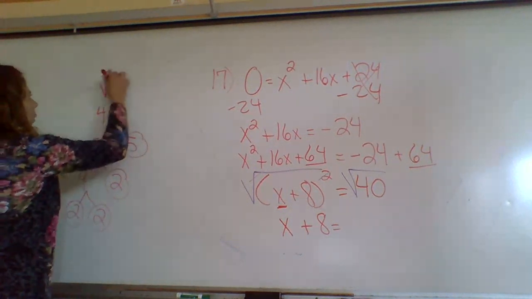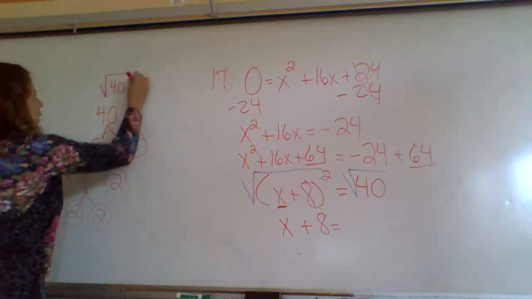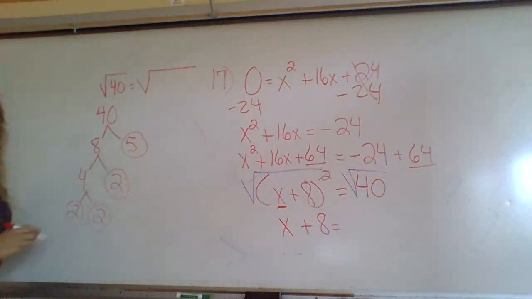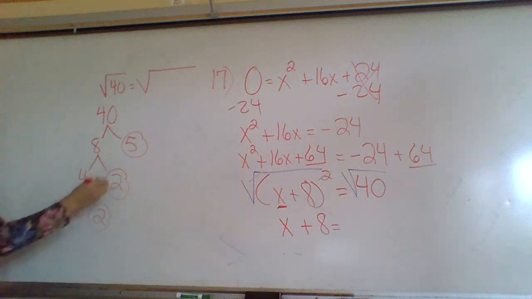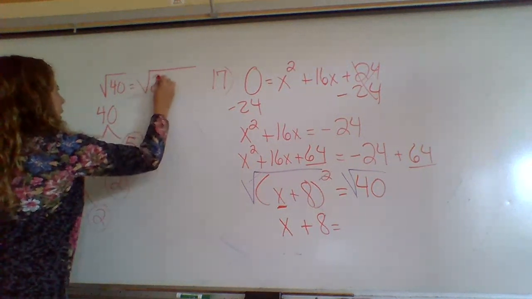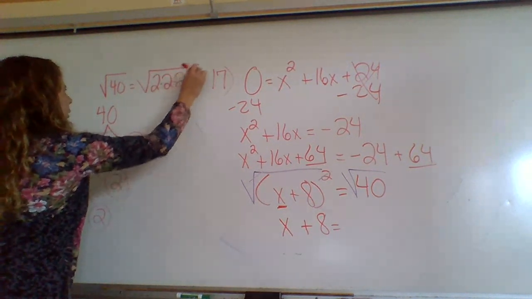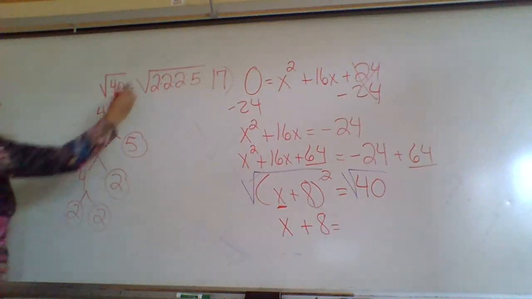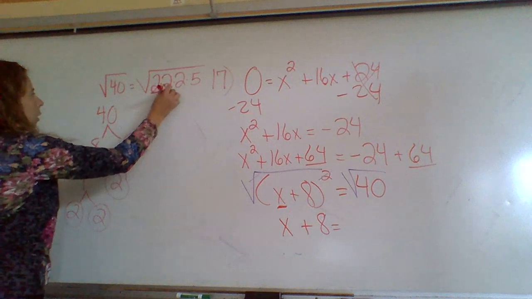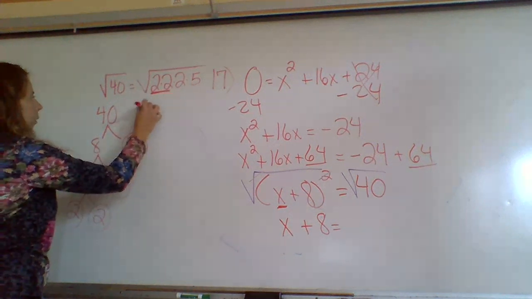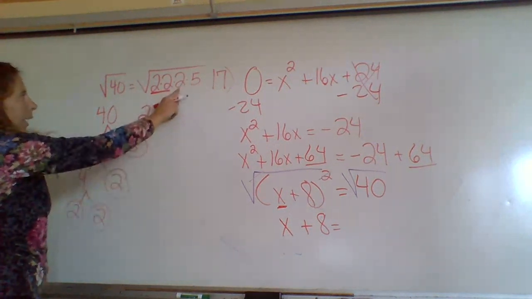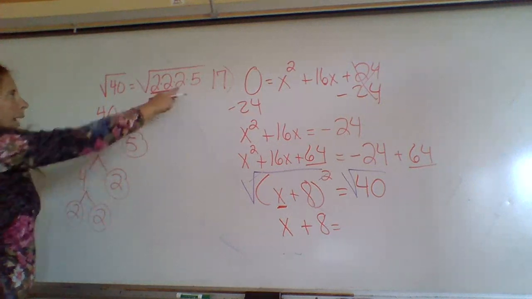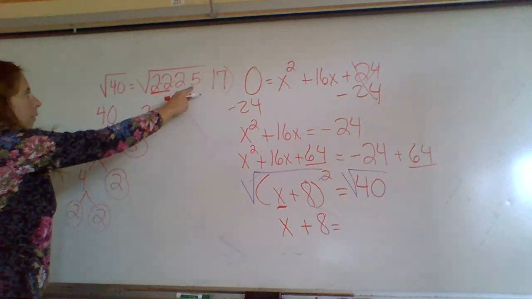So the square root of 40 is the square root of all of its prime factors: 2, 2, 2, 5. You're looking for groups of 2 because it's the square root. So I have 2 2's, so I can pull out a 2. And then I only have one more 2, so that has to stay, and I only have 1 5.